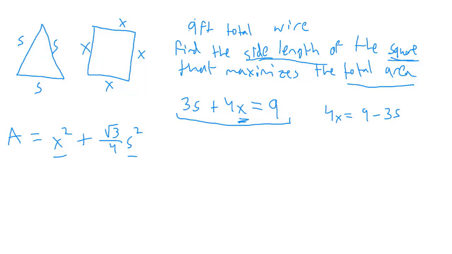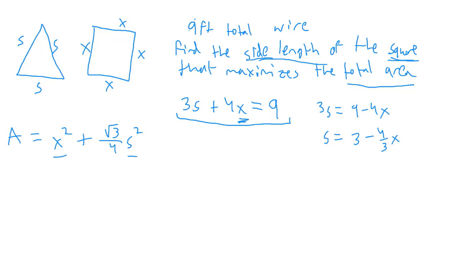We'd be solving for s because we want to replace the s in our area equation with an x, so that our area equation only becomes a function of x. So we get 3s equals 9 minus 4x, so s equals 9 divided by 3 is just 3, and then minus 4 over 3 x.